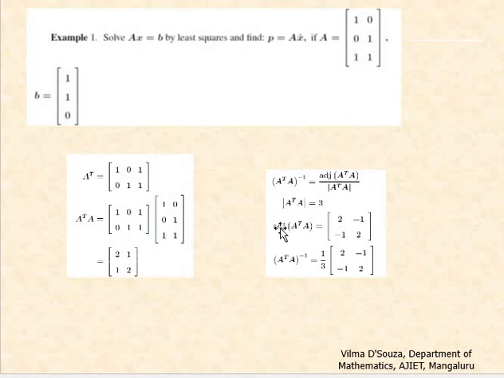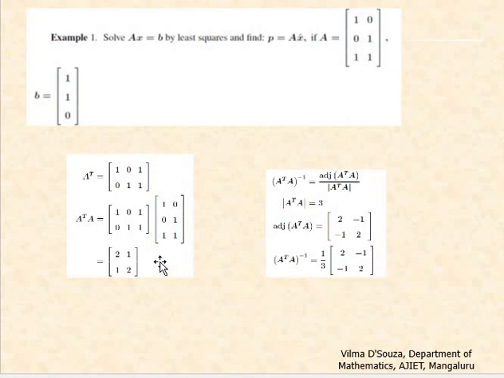How do you write the adjoint of your 2 cross 2 matrix? You know it very well. Here 2, 2 remains as it is, and here minus 1, minus 1. So A transpose A inverse is the adjoint, that is 2 minus 1 minus 1 2, divided by the determinant, that is 1 by 3 into the matrix 2 minus 1 minus 1 2.